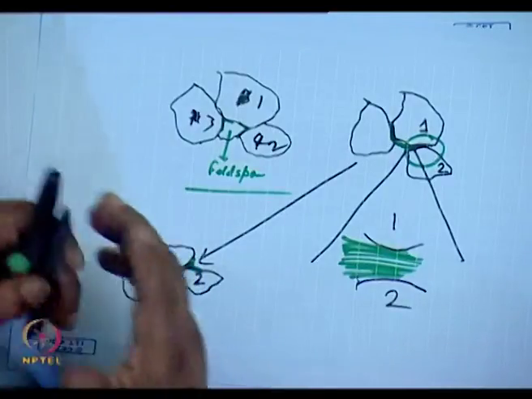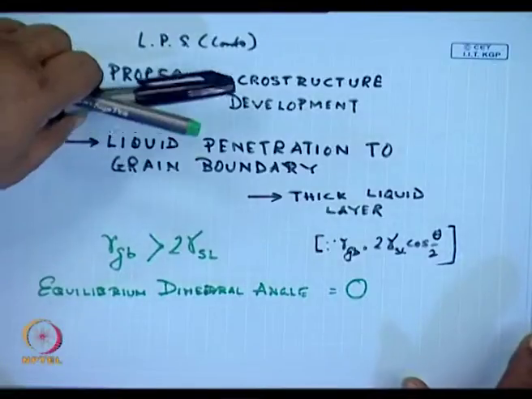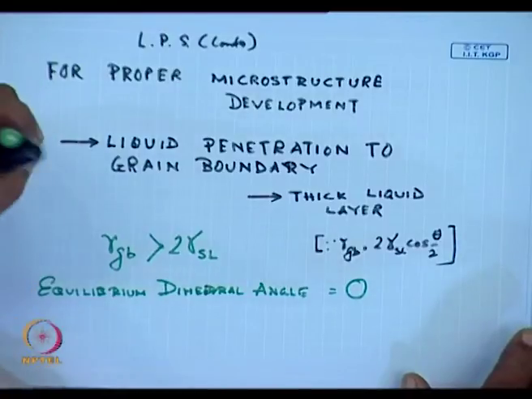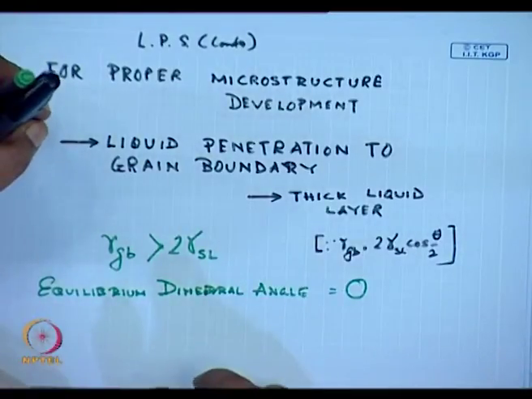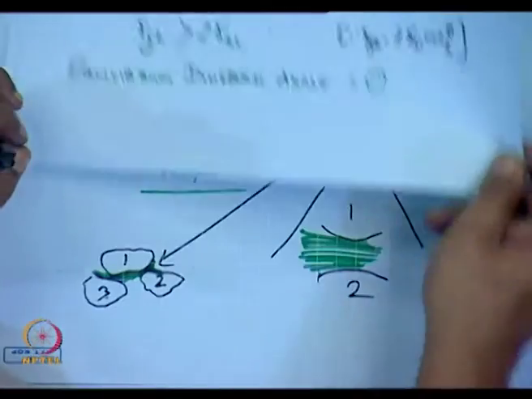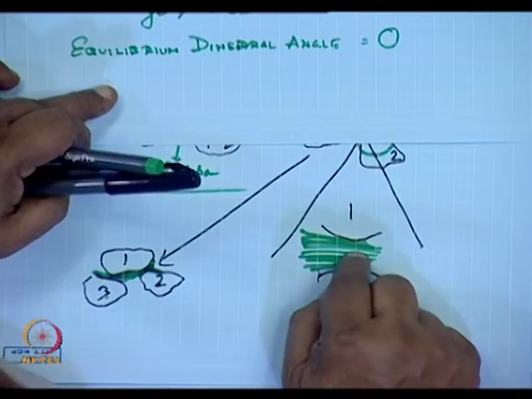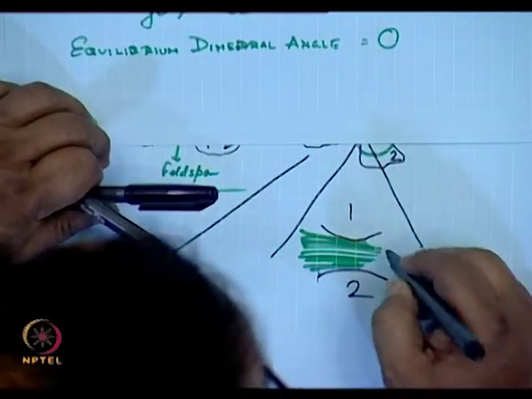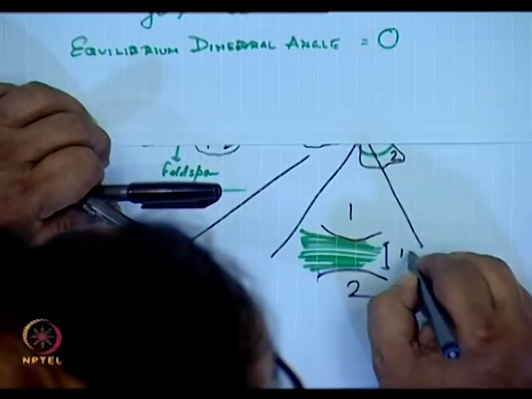So, during this period, the liquid is penetrating into the grain boundary, and for the liquid to penetrate into the grain boundary, as I showed for good liquid phase sintering, a layer has to develop. Now do not think that if I measure this with a scale it is 1 centimeter.